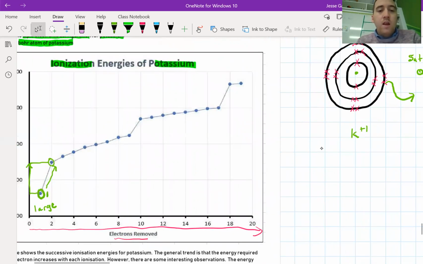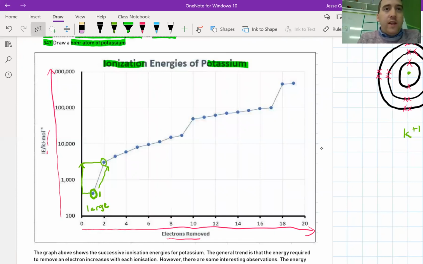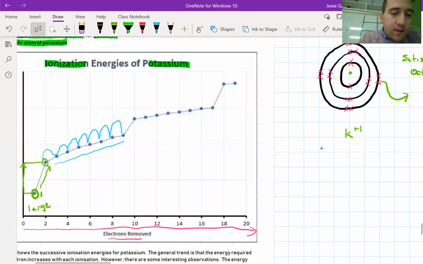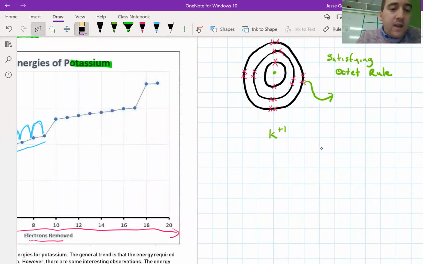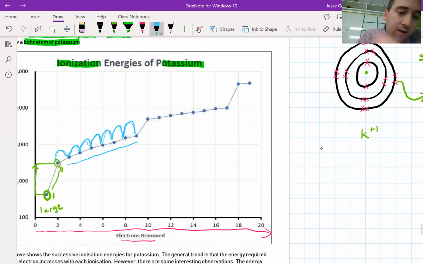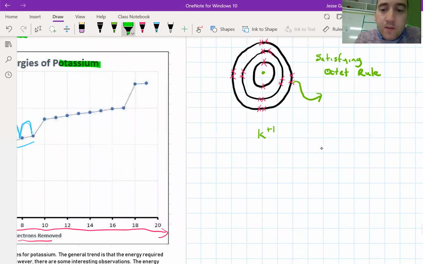Okay. What we then see, though, is pretty much this very steady or flat increase for the next 1, 2, 3, 4, 5, 6, 7. So obviously this jump from here to here shows us removing this first electron.